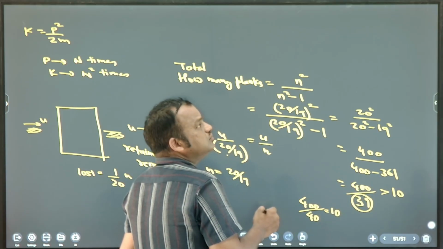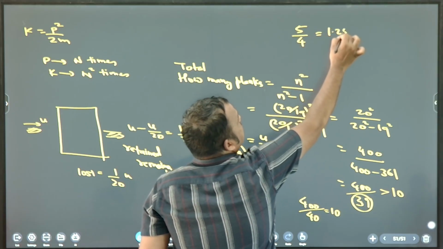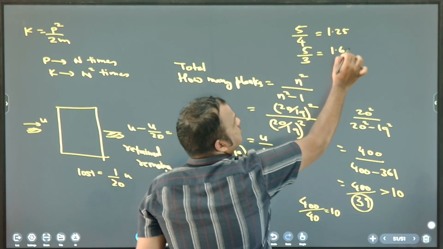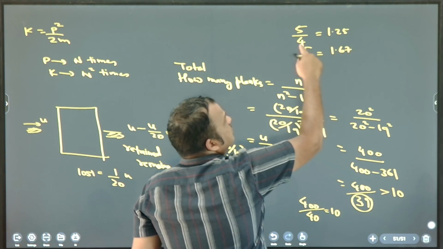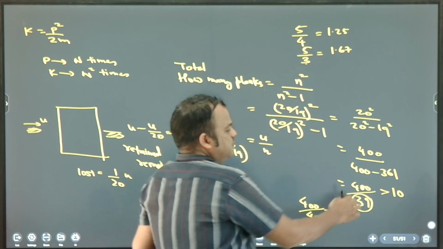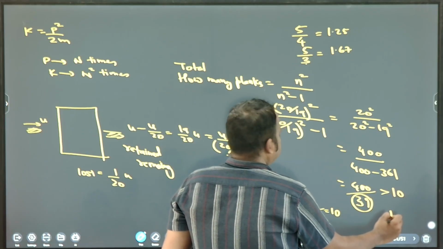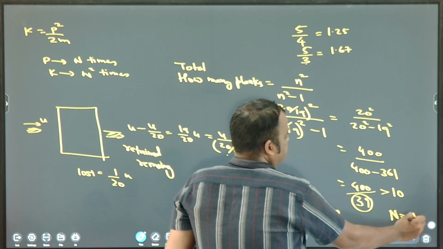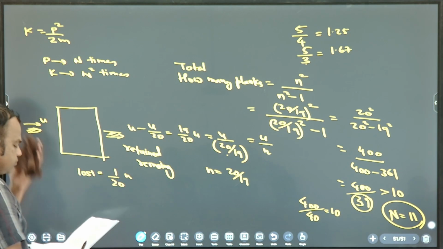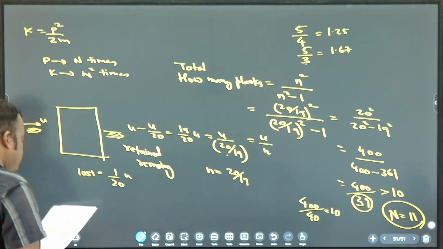What is 5 by 4? 1.25. What is 5 by 3? 1.67. When the denominator is less, the number is more. So it is more than 10. So what is the answer? 11. Total number of planks is 11. Note down.